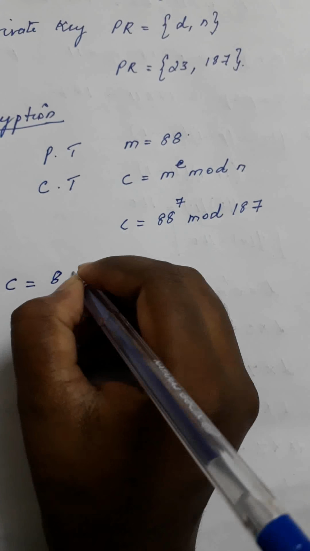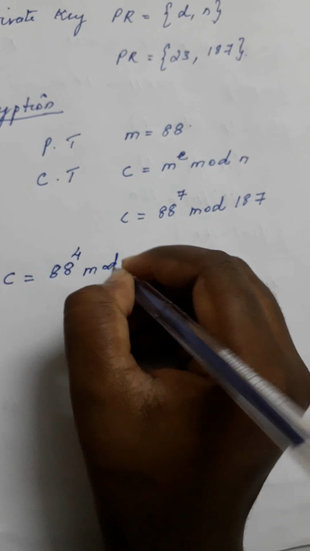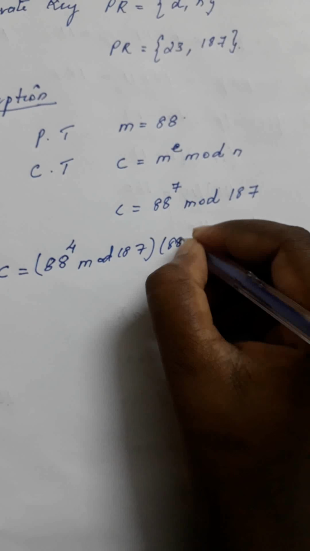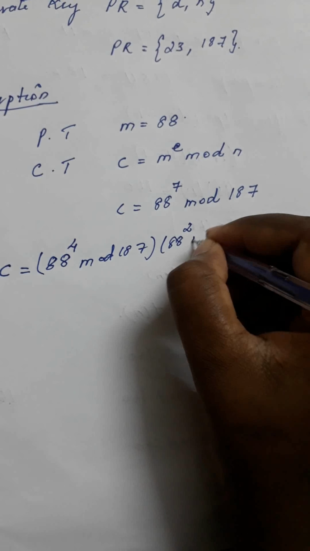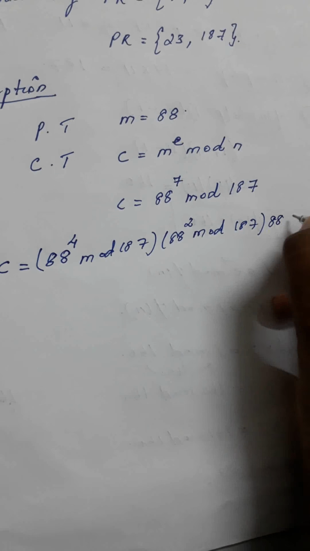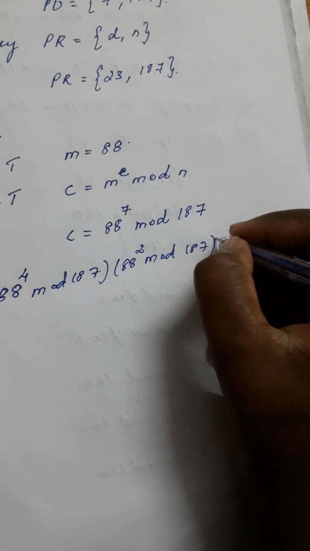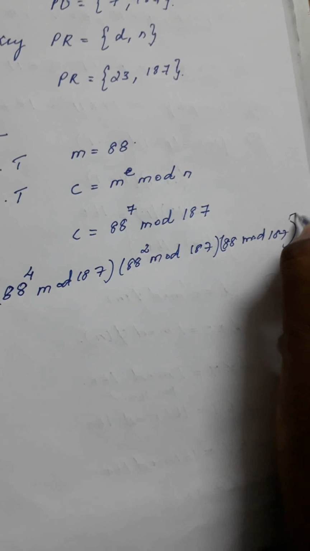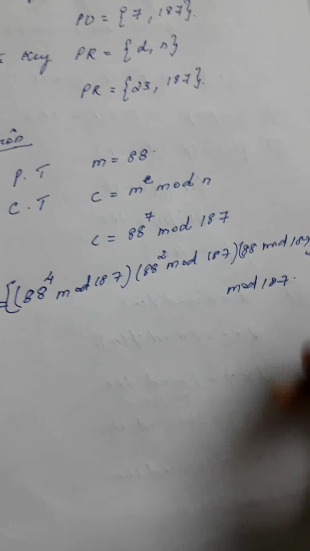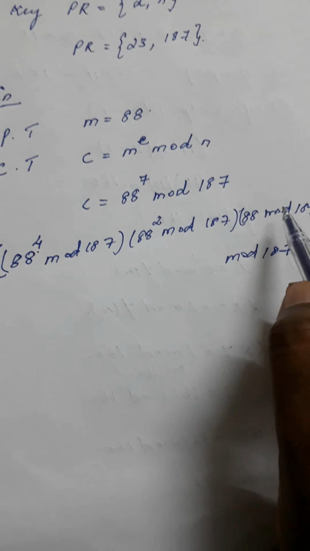Now we will see how to solve this ciphertext, where C is equal to, split this into factors, 88 to the power 4 mod 187, 88 square mod 187, and 88 mod 187, such that 4 plus 2 plus 1 is 7.